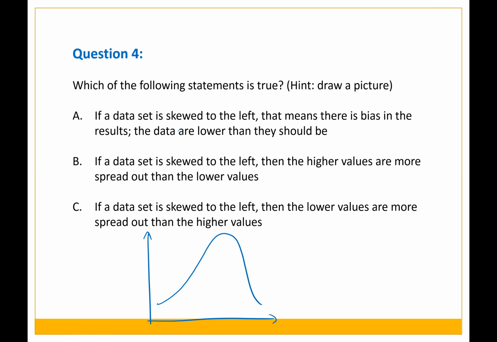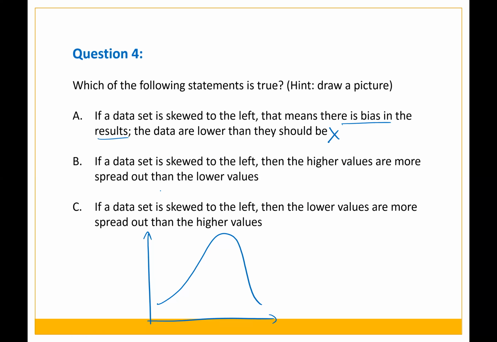Well, if it's skewed to the left or not, I have no idea if it has any bias or not, because the bias depends on how we do the experiment and how we choose the data. So the data itself cannot tell that it's biased. It has to come from the decision that you make before you do the study. So this is wrong.